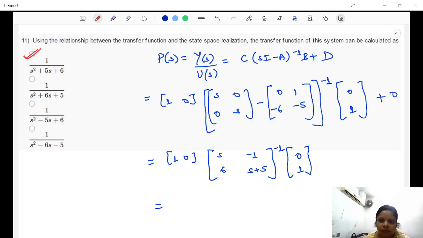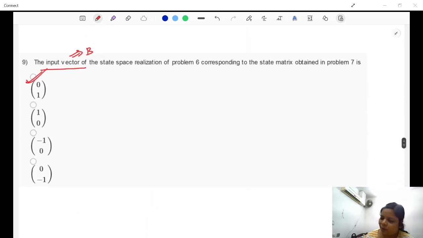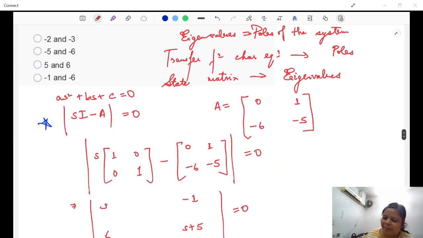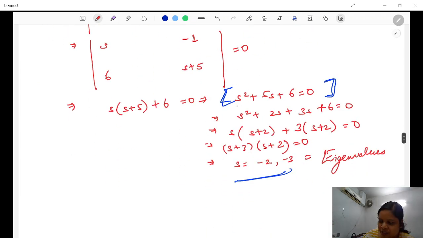So we already saw from these calculations that sI minus A determinant equal to 0 gave you some eigenvalues. And here you saw that this was the characteristic equation obtained.